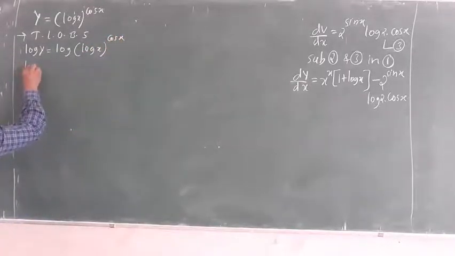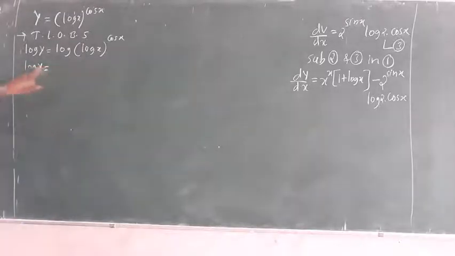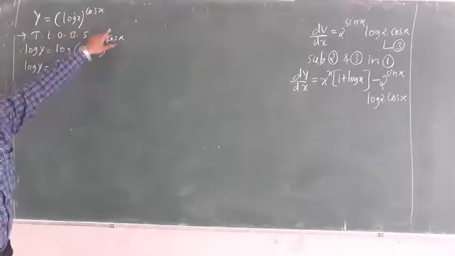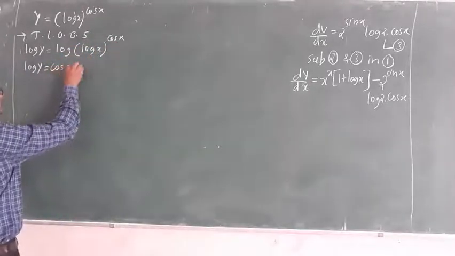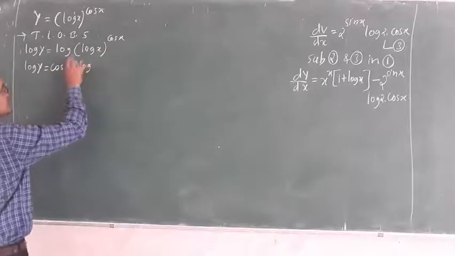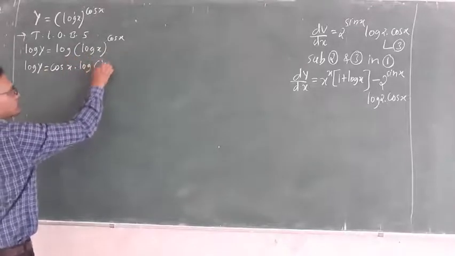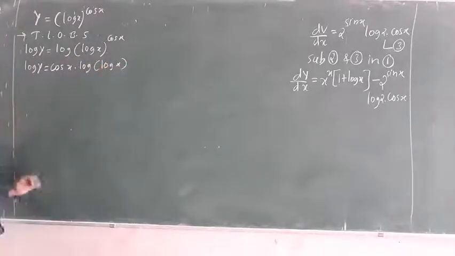So log y as it is, apply the logarithmic property, this is log x to the power n, so it is n into log x, but here x is what again, log x only.